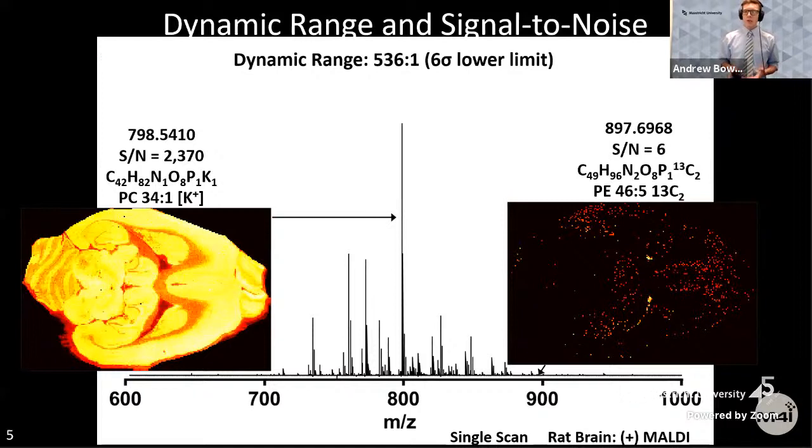For reference here, our most abundant peak is PC34:1, the potassiated adduct, with a signal to noise ratio of about 2,370, versus the 2 carbon-13 isotope of PE465 plus a proton, which is hiding all the way down in the baseline, but still has enough information to generate a useful mass spectral image.